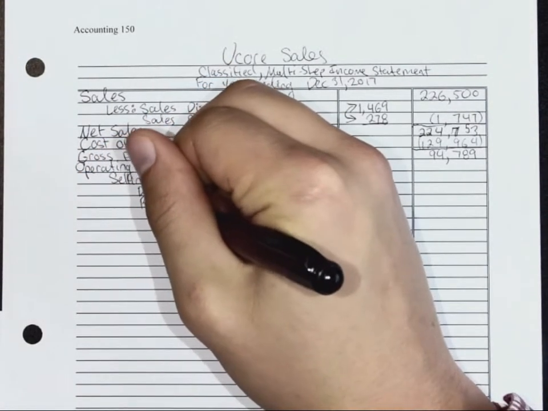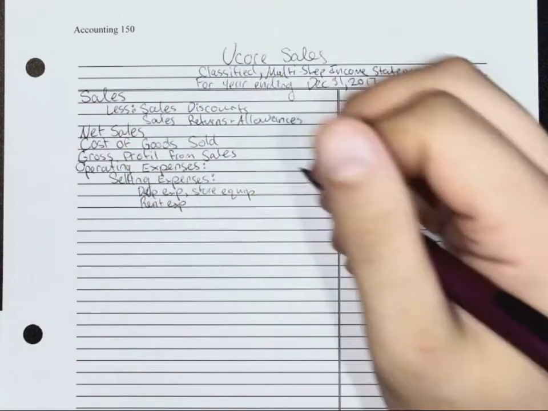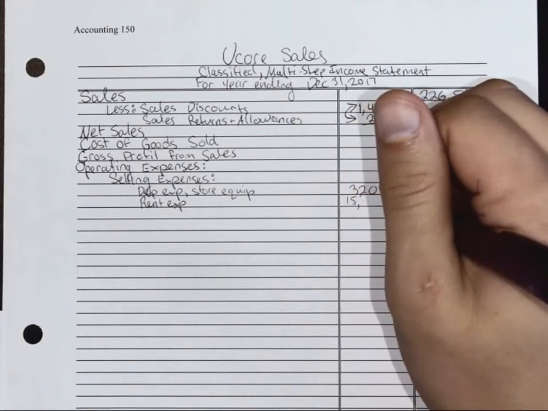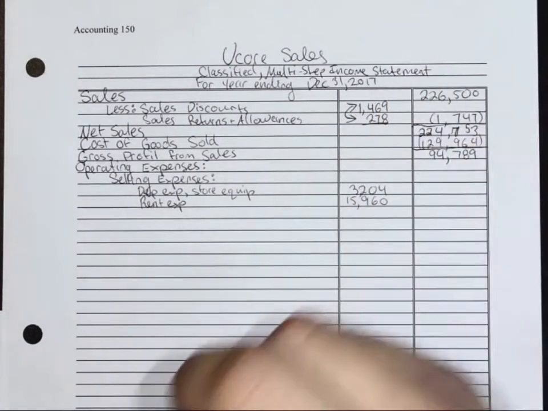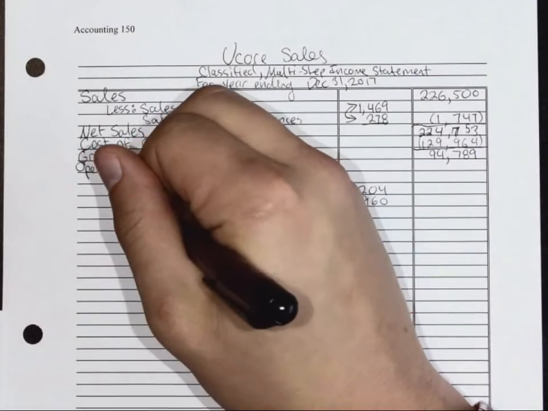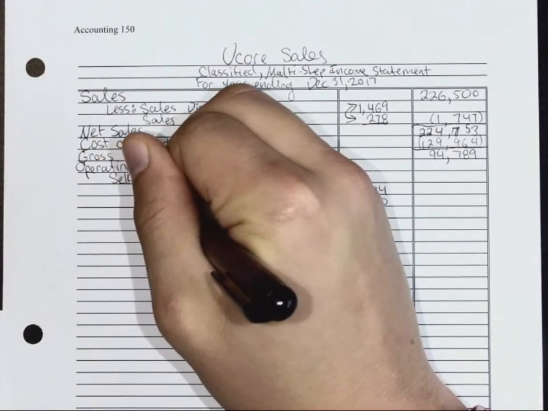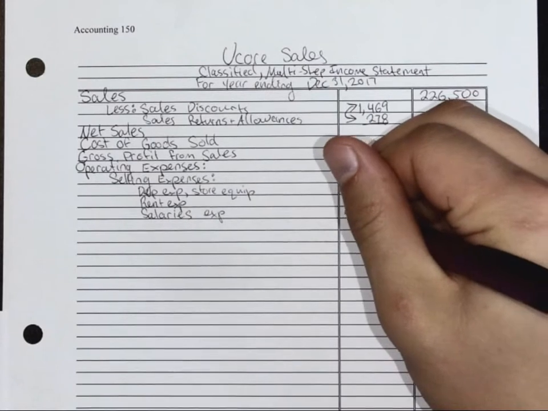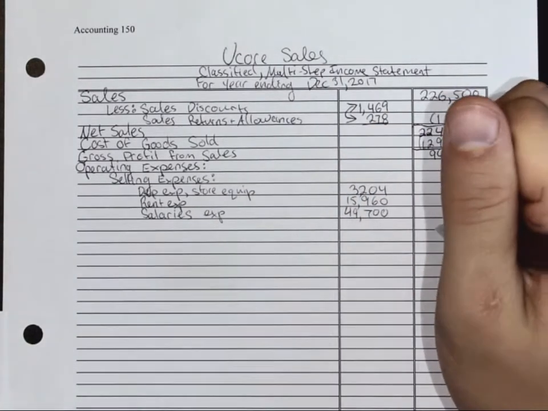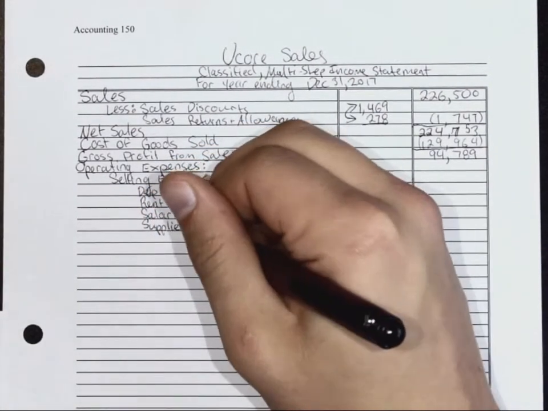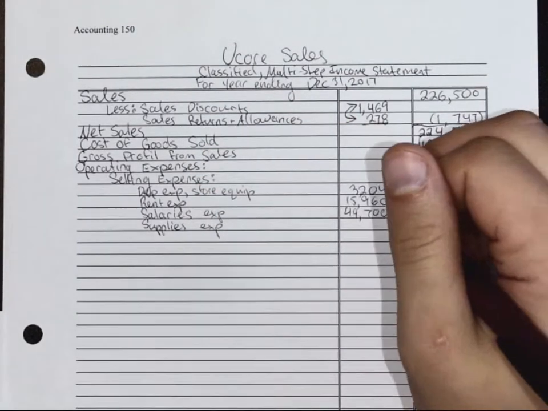Rent expense, $15,960. We have salaries expense of 49,700. And we have supplies expense of 840.